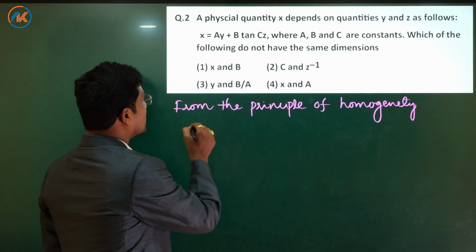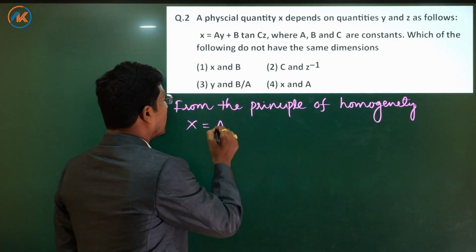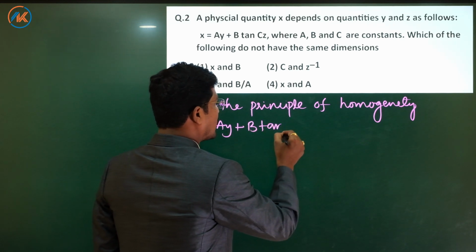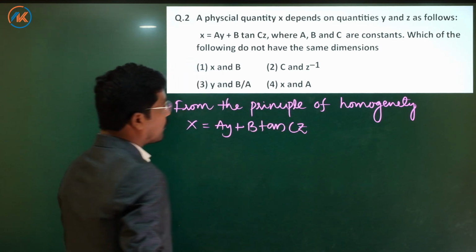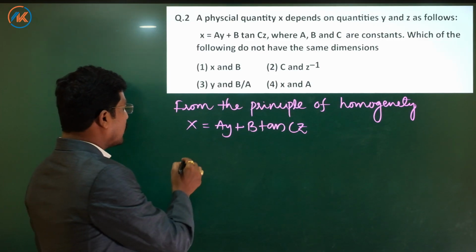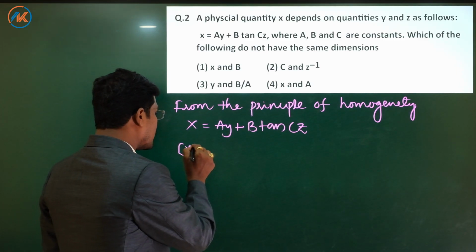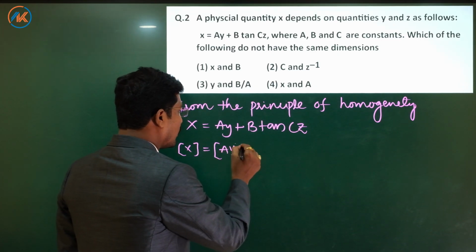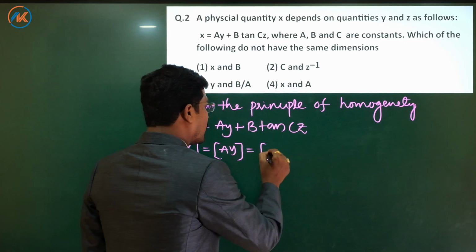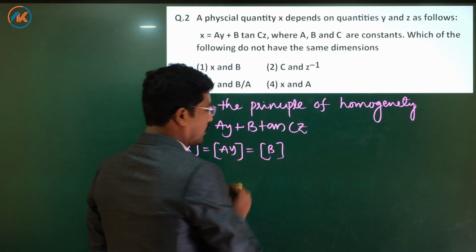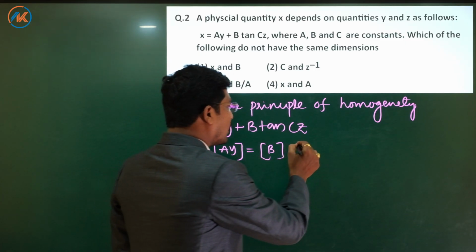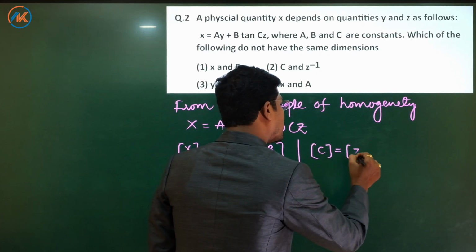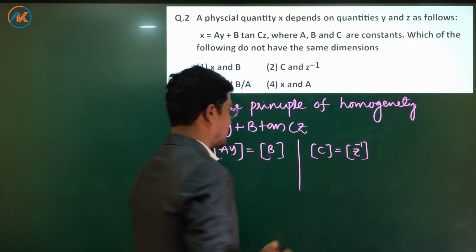Already the equation is given, x equal to ay plus b tan cz. So from the principle of homogeneity, the dimensions of x is equal to the dimensions of ay, is equal to the dimensions of b, as well as the dimensions of c is equal to the dimensions of z inverse.